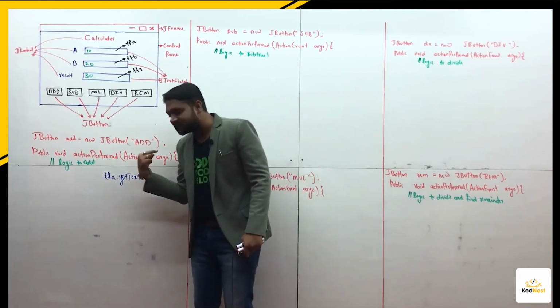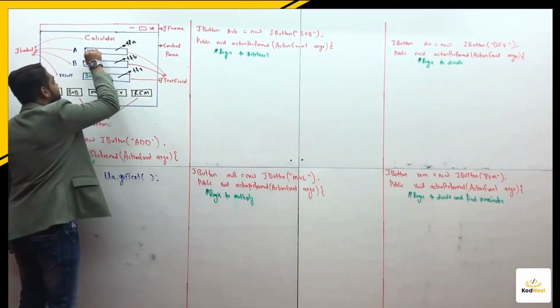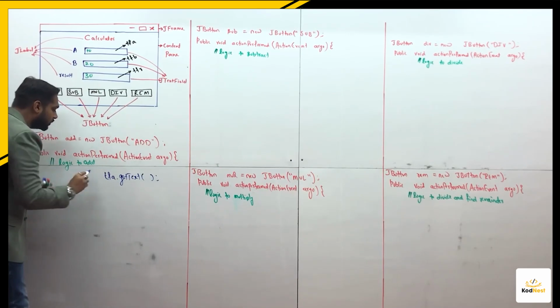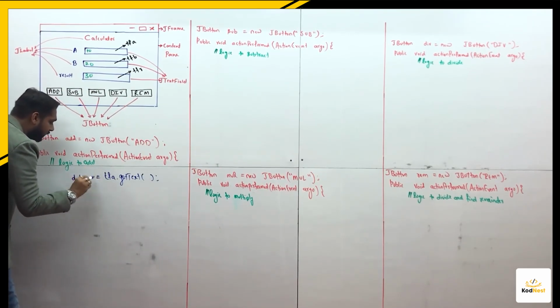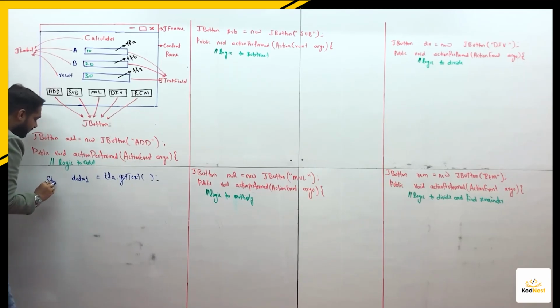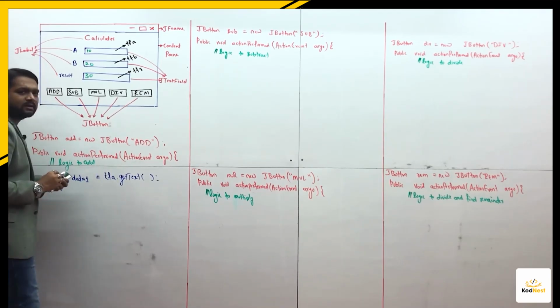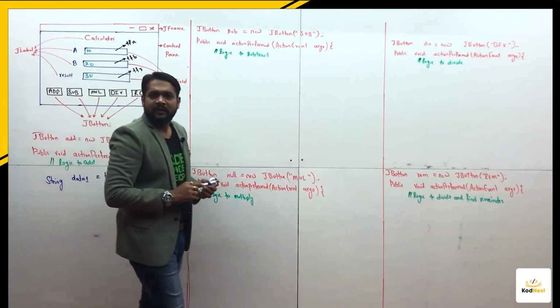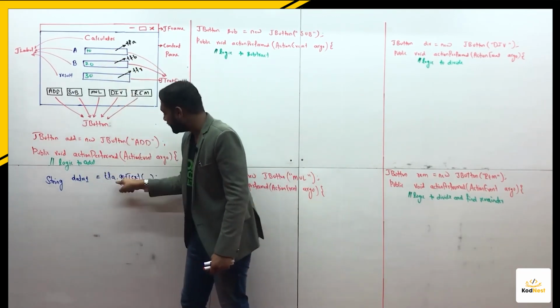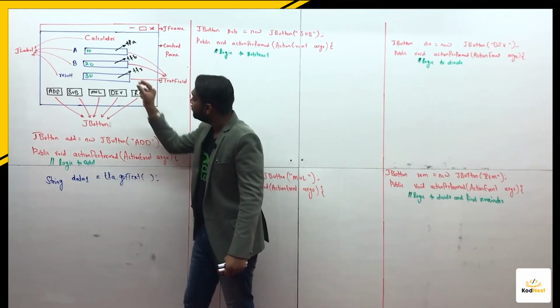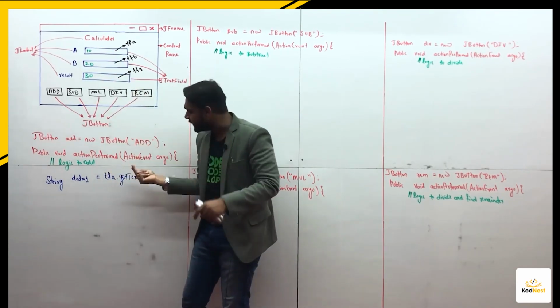If you tell get text, whatever the user has entered would be given to you. You collect it in a variable called data1, which is of type string. I know sir. Get text, okay sir. From text field A, get text. He will give you this entire text you told. 10 he would give you.